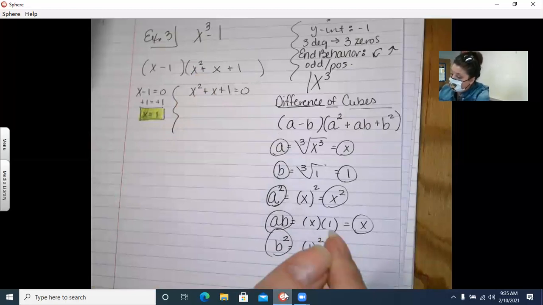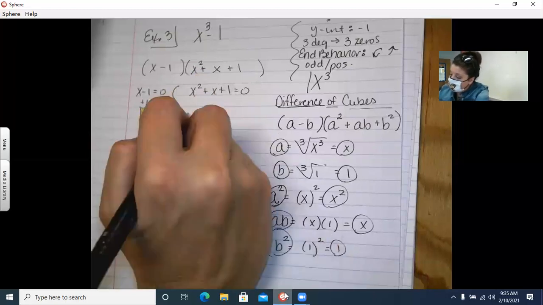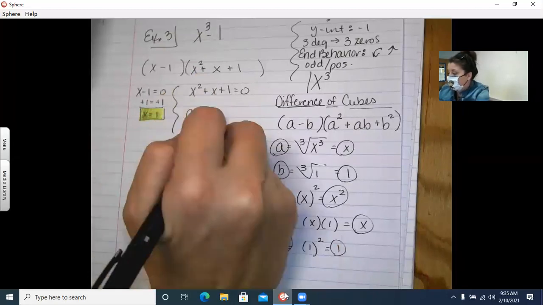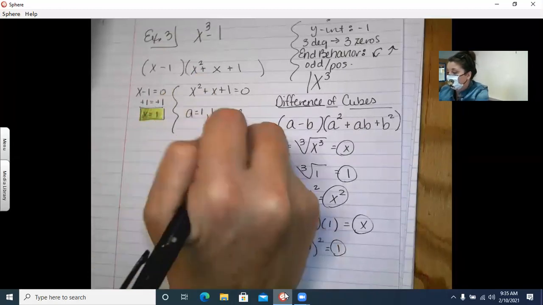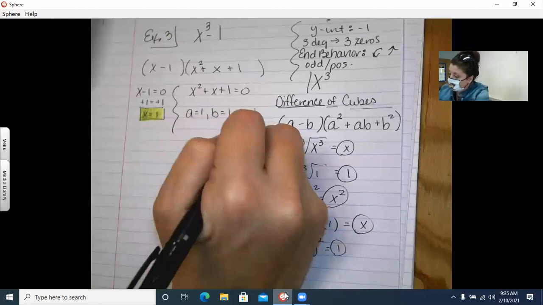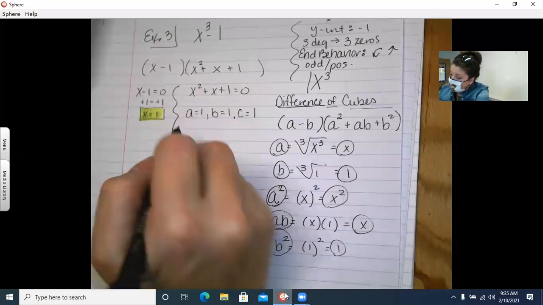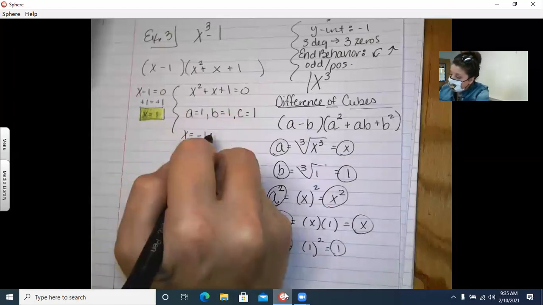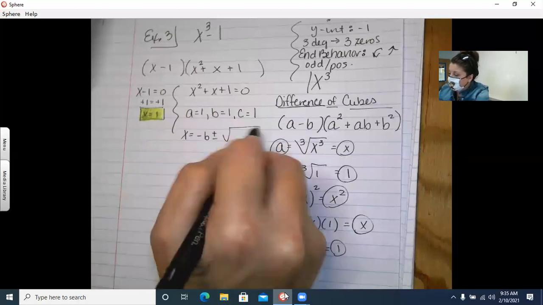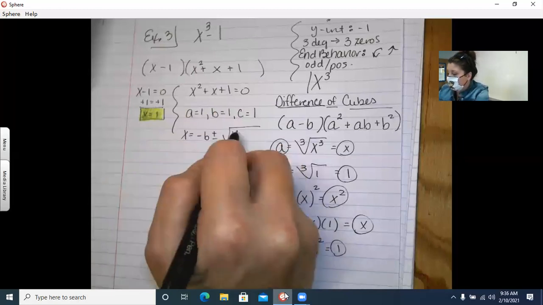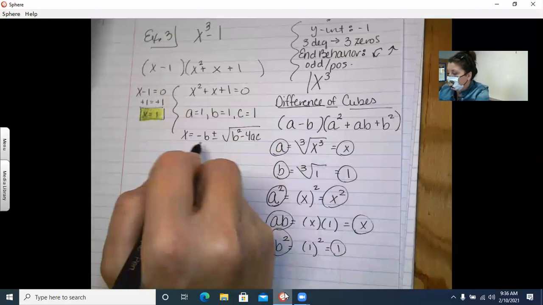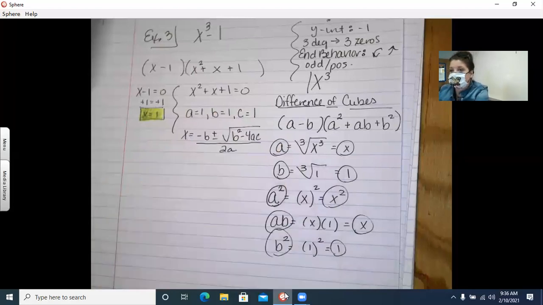What is a equal to? What is b equal to? And what is c equal to? All right, easy enough. X equals negative b plus or minus square root b squared minus 4ac all over 2a.